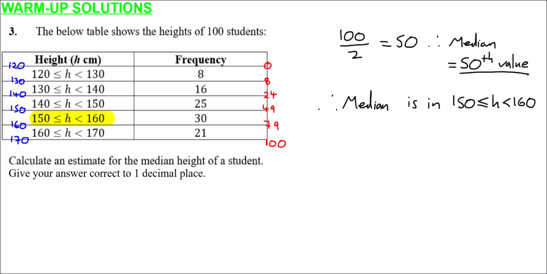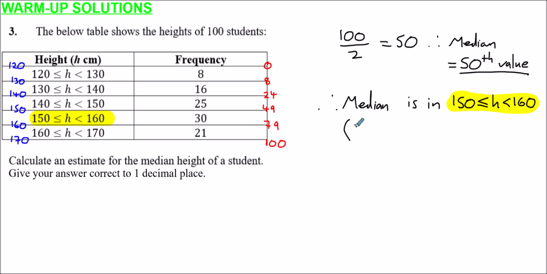And more than that, we can work out the estimated position of the median in this interval. So the median is number 50, the 50th value. This class interval starts after the 49th. So after the 49th, the first one is the 50th. 50 minus 49 is 1.